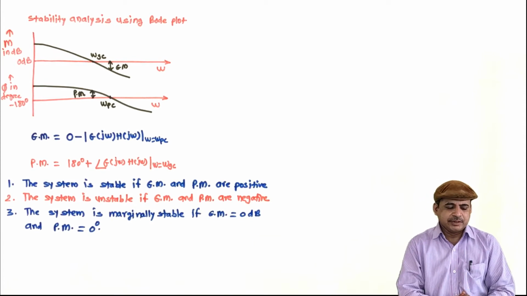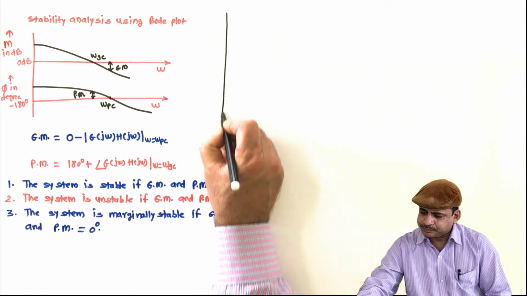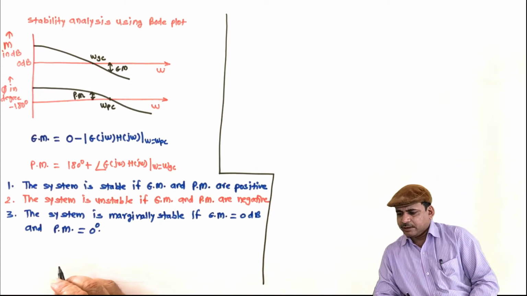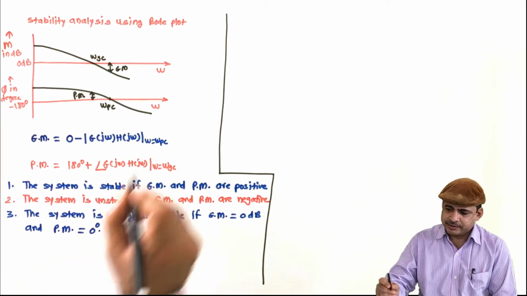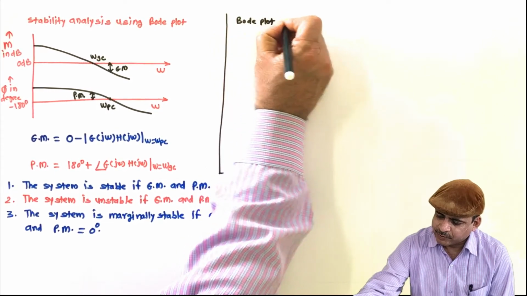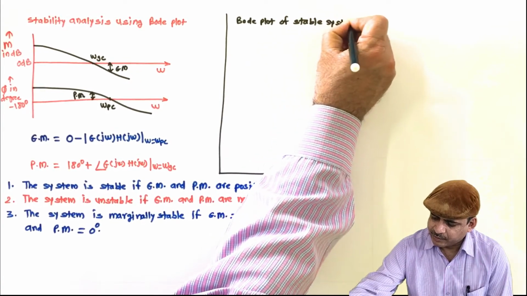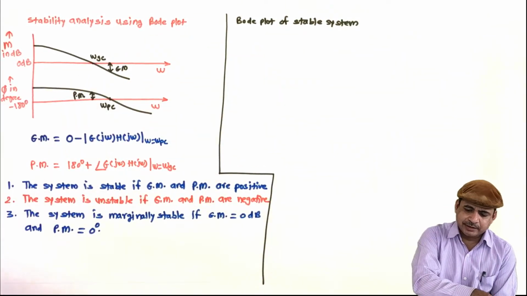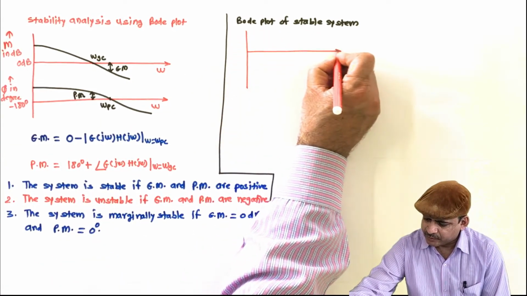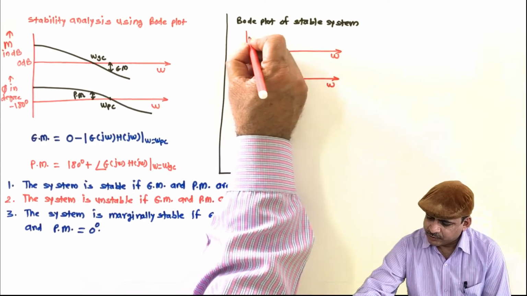This is the case. Now let us see the typical Bode plots for stable, unstable and marginally stable system. So Bode plot of stable system. Actually what we have drawn here is a Bode plot of stable system, but let us redraw it. Gain plot and phase plot.